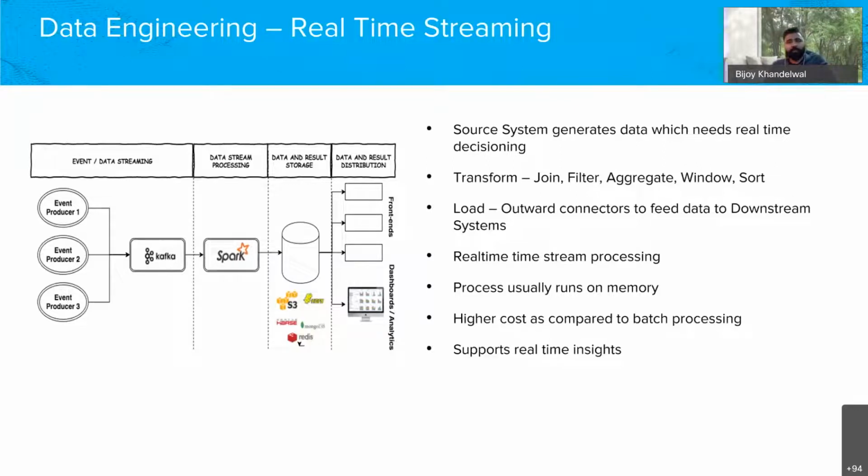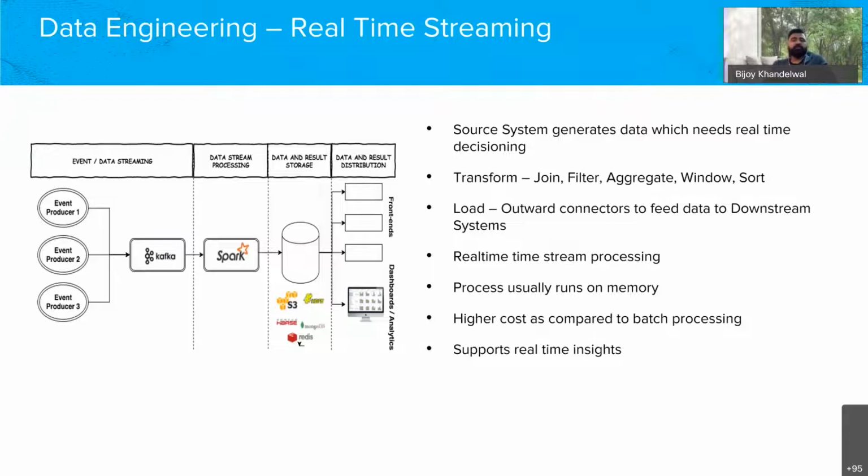And the dashboards or the real-time decisioning that comes out of it, it comes in seconds or milliseconds, because if you see the actors in this whole architecture, they all are tuned to process streams so that real-time decisioning is possible.